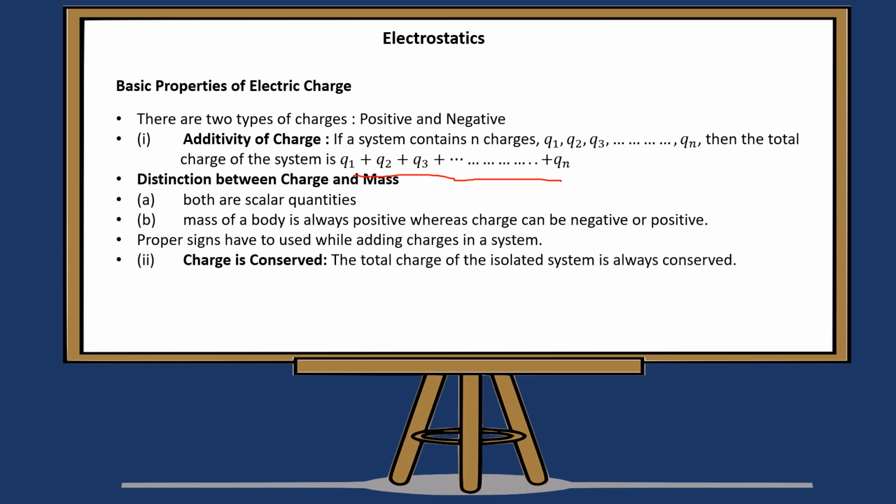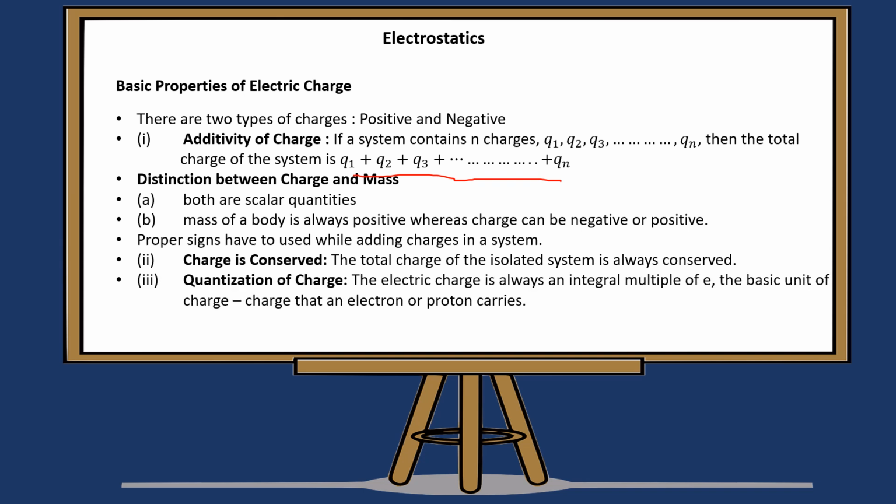Second property is that charge is conserved. That is, the total charge of an isolated system is always conserved, or in another way, the law of conservation of charge: charge can neither be created nor destroyed. Third property is very important, very simple.